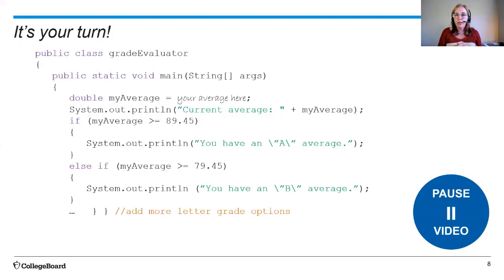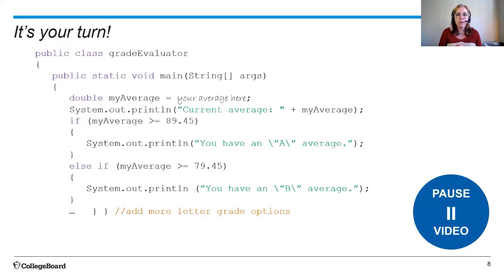So what I would like for you to do is declare a variable, a double myAverage. And if you wanted to make it user input, you could allow it where the user inputs a number. And then using a series of selection with else if, you're going to have it take that variable definition and print out or display: you have an A average, you have a B average, and so forth and so on.